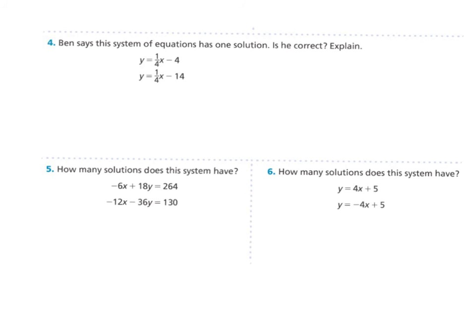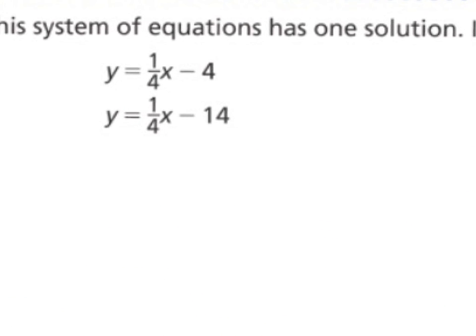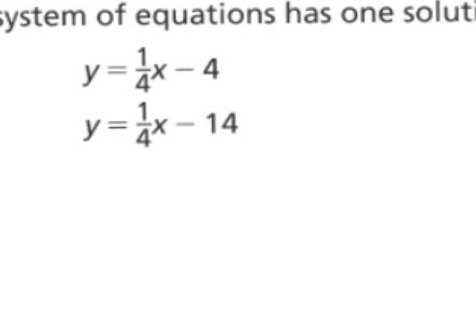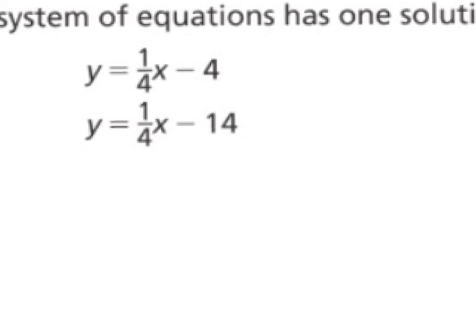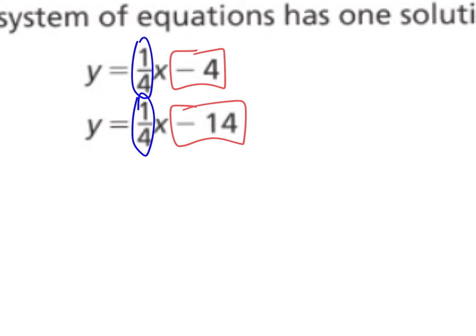Look at number 4. Ben says this system of equations has one solution. Is he correct? And explain. So like we've been doing, we'll first look at the slopes and then we'll go from there. So the slope of both lines is 1/4. They have different y-intercepts. You can add the opposite there if you want.